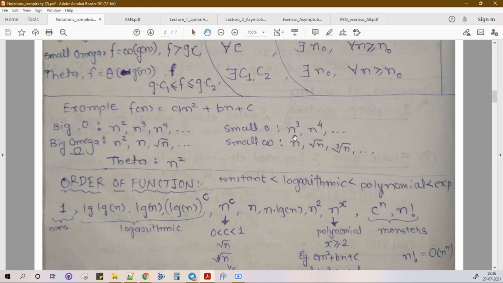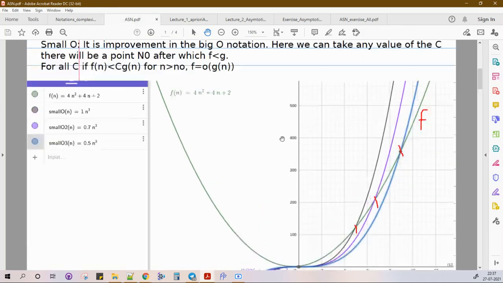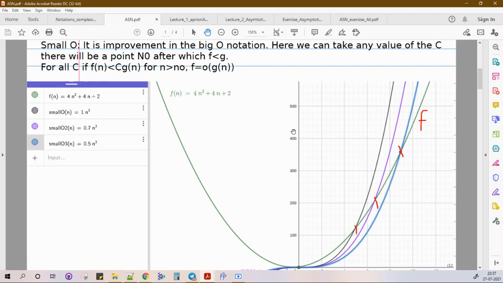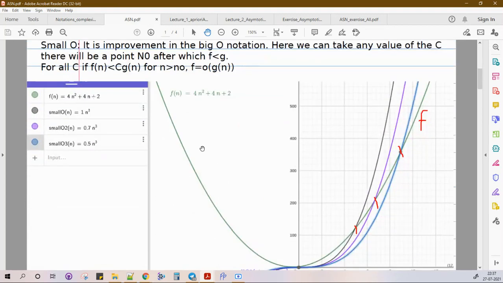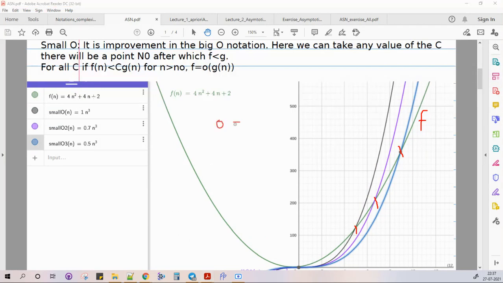But small o is always a proper upper bound. You can't take n square. What happens if you take n square, right? You can't define it as small o. Why? If I have this function 4n square plus 4n plus 2, and I'm just arguing, I will take my small o as n square. Now what happens is, for the definition of small o, I can take any value of c. If I take c equal to 3, then what happens?